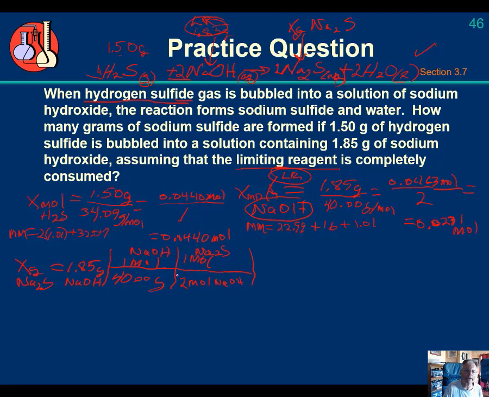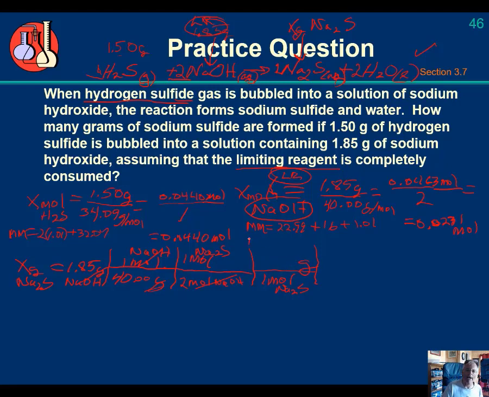And when I multiply and divide across, grams of sodium hydroxide cancels, moles of sodium hydroxide cancels, and I have one more conversion. I need to convert moles of sodium sulfide, Na2S, to grams of sodium sulfide. And that's just multiplying by the molar mass of sodium sulfide.